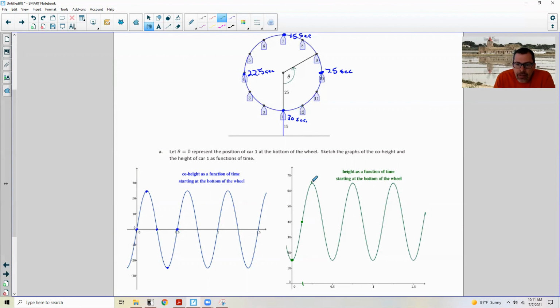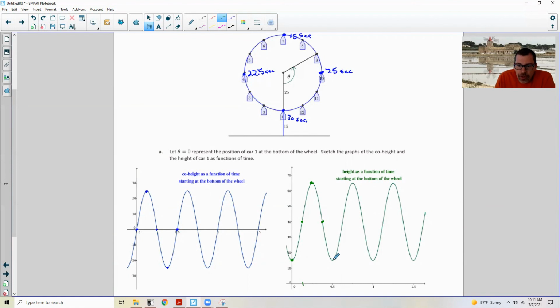And then at 15 seconds, we're at the top, which is 25, 50, 65 feet. Here's 65. Then we start to come back down, and 7.5 seconds later, we're back at 40 feet height. And we're continuing down towards the ground until we get to the bottom.